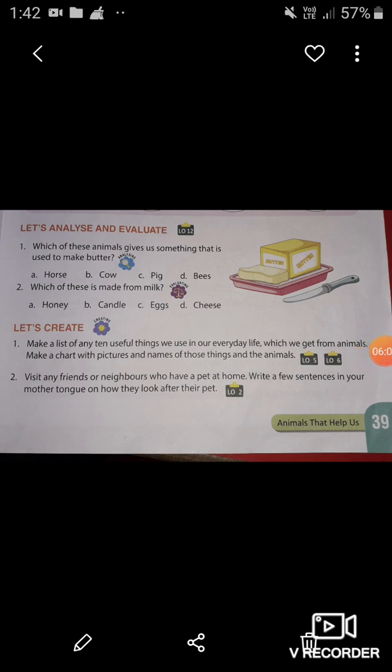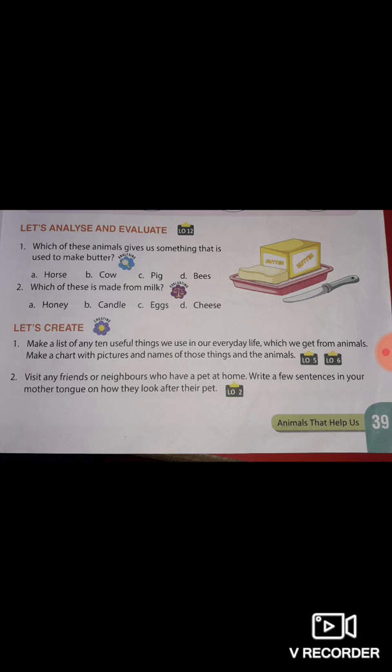Now let's analyze and evaluate. Look at the picture that is given here. This is a picture of butter. So let's do the answer of the given question. Which of these animals give us something that is used to make butter?